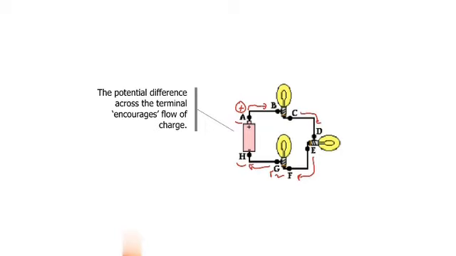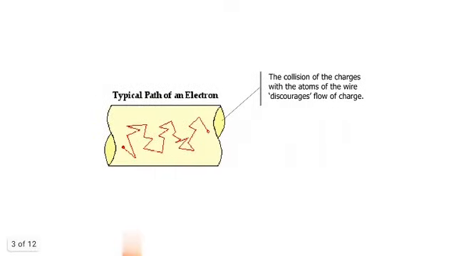So in a sense, it's encouraging flow of charge. Without potential difference, there won't be flow of charges throughout the external circuit from the positive to the negative terminal.